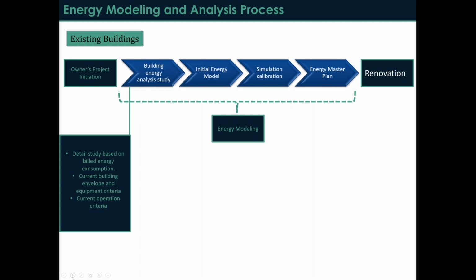Then with the guidelines, we can calibrate that simulation to be very close to the current energy consumption, and then we can build the energy master plan based on a proposed design for renovation and do a correct renovation. Energy modeling in existing buildings has the capability to help owners and designers decide correctly.